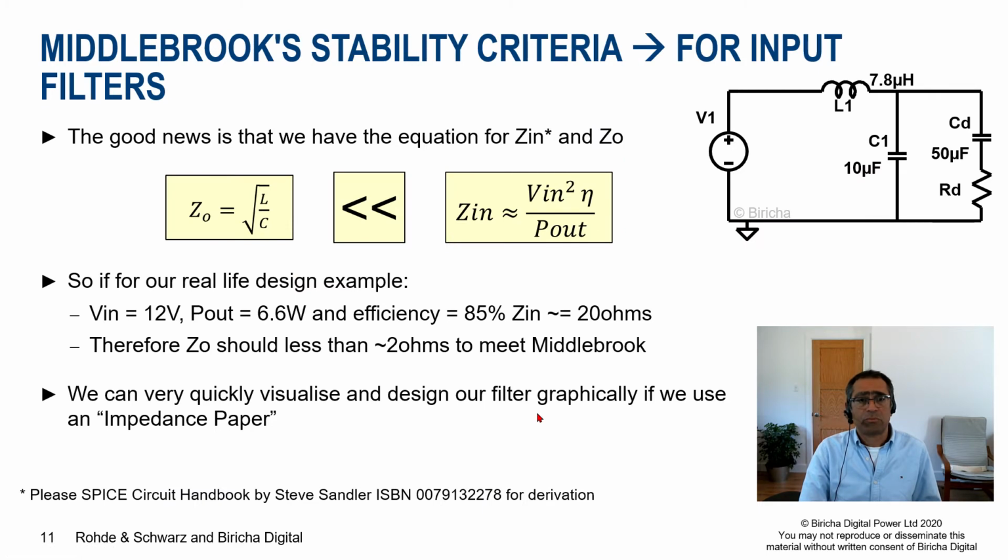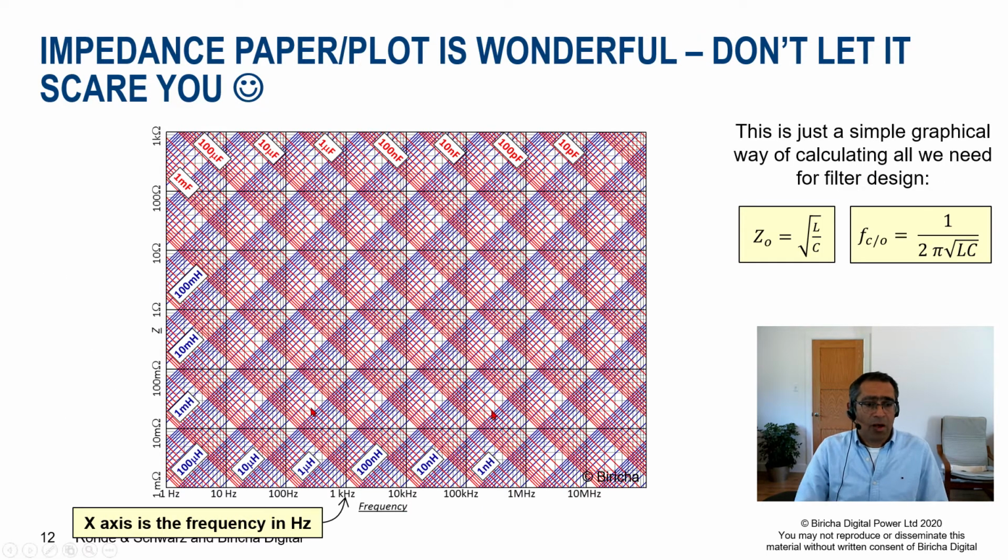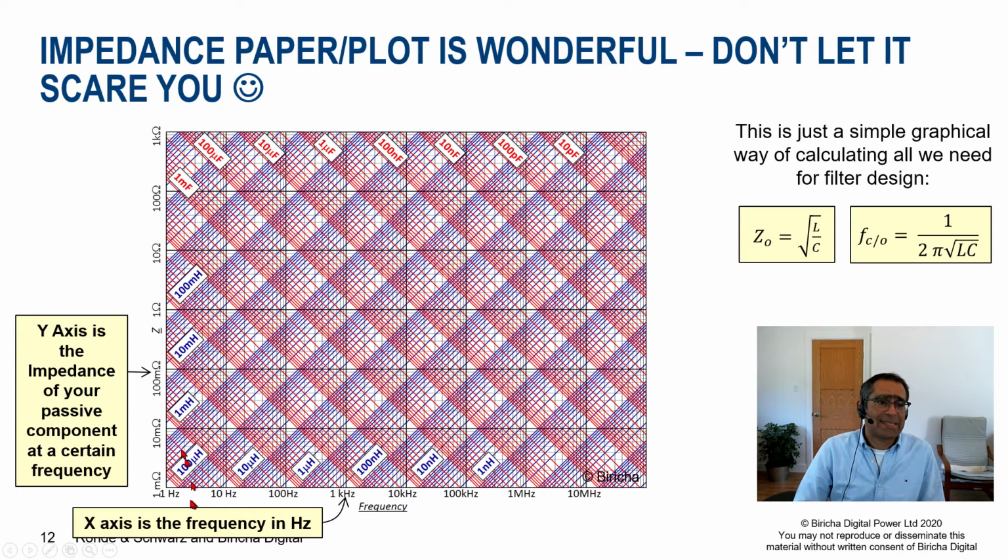So on the x-axis, I just have the frequency, and that is where you draw the line for your cutoff frequency of your filter. Then on the y-axis, I have the impedance of my passive component, in terms of ohms, which is this one when I design my filter.